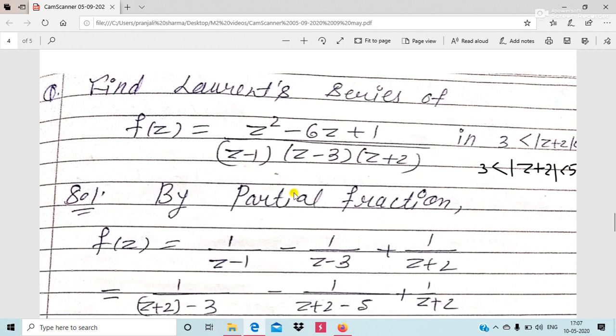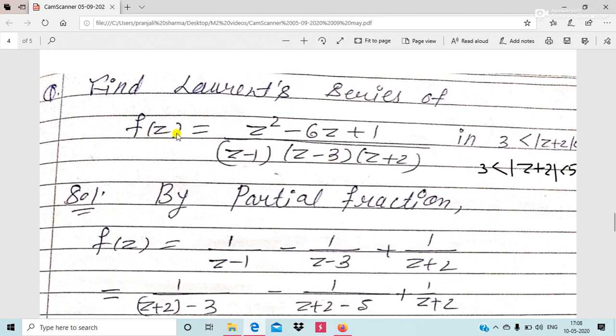Now the next question is we have to find the Laurent series of f of z is equal to z square minus 6z plus 1 upon z minus 1 into z minus 3 into z plus 2, and it is given that mod of z plus 2 is greater than 3 but less than 5. Now let's solve.